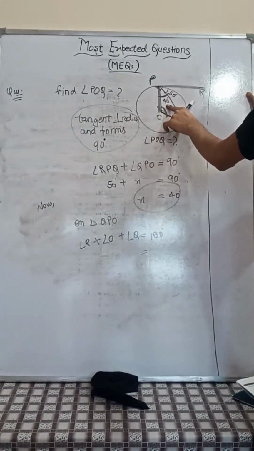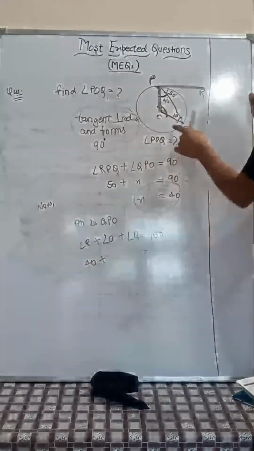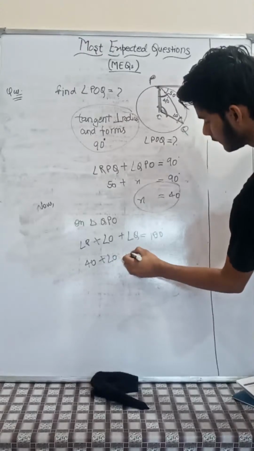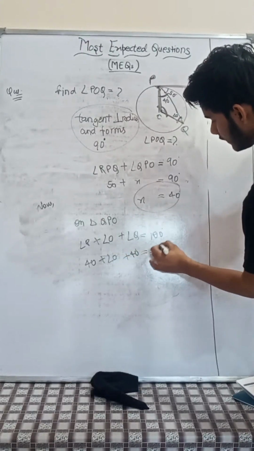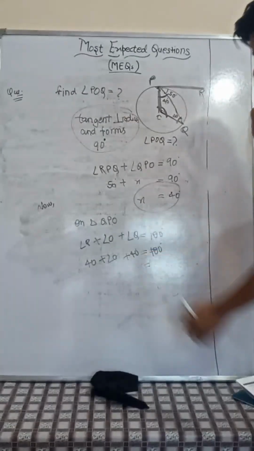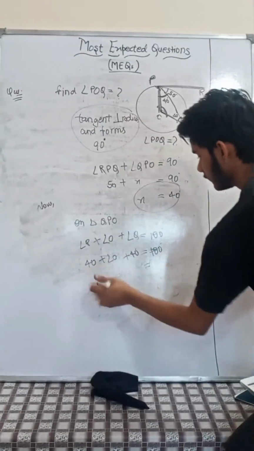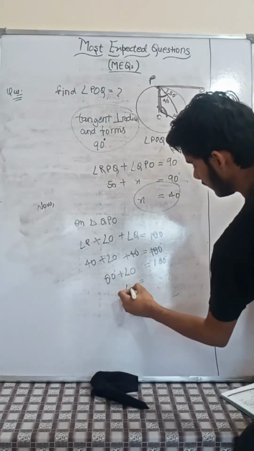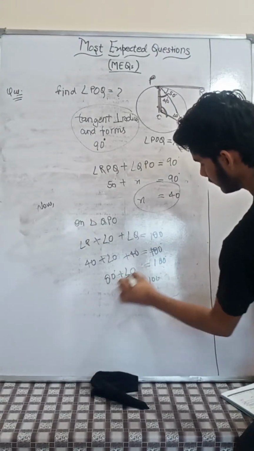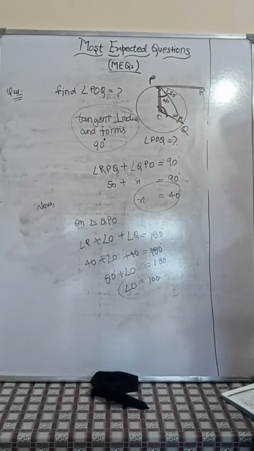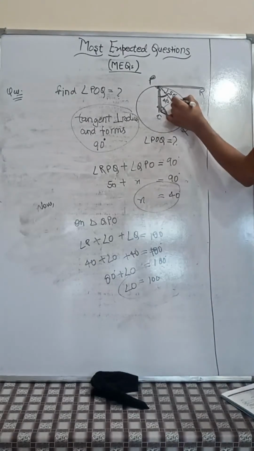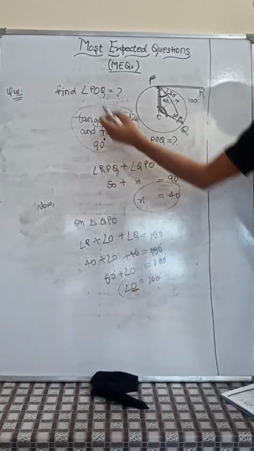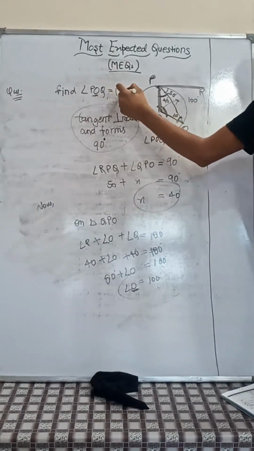Angle P is 40, plus angle O is unknown, angle Q is 40, that equals 180. This 40 and 40 make 80 degrees, plus angle O equals 180, so angle O is 100 degrees. This is asking for angle O, which is 100 degrees.